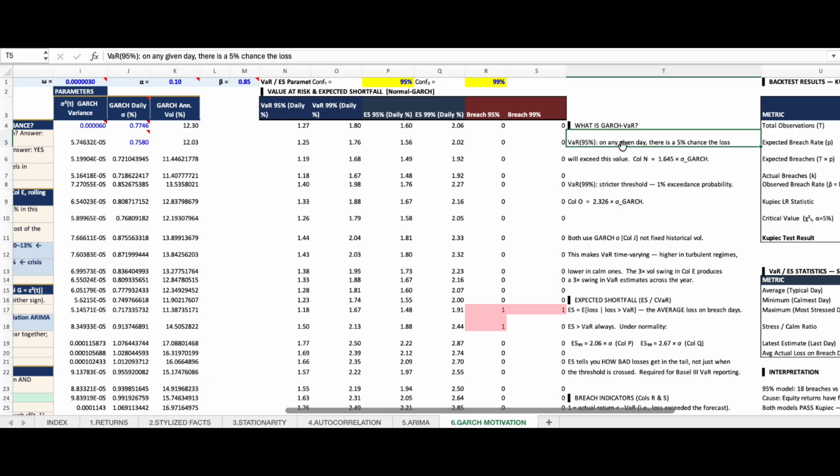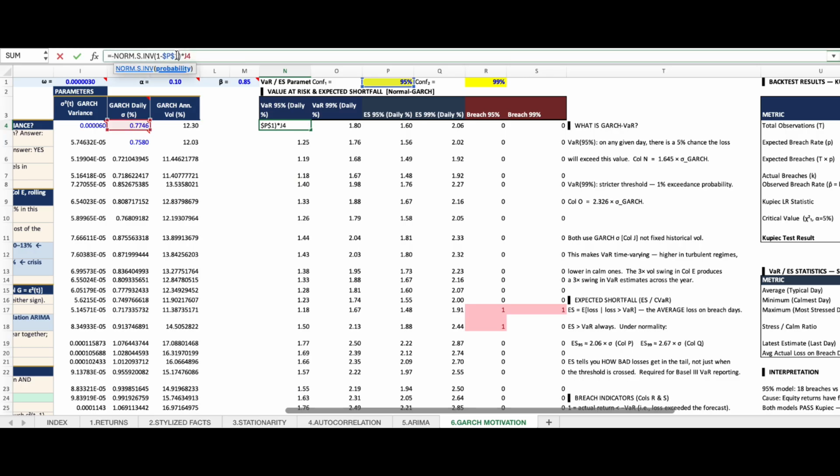Value at risk at a 95% confidence level, for example, says that on any given day there is a 5% chance that the loss will exceed this threshold. We estimate it using the formula 1.645 times sigma GARCH. This multiplier 1.645 comes from the standard normal distribution. At a 95% one-tailed confidence level, the critical value from the normal is 1.645.